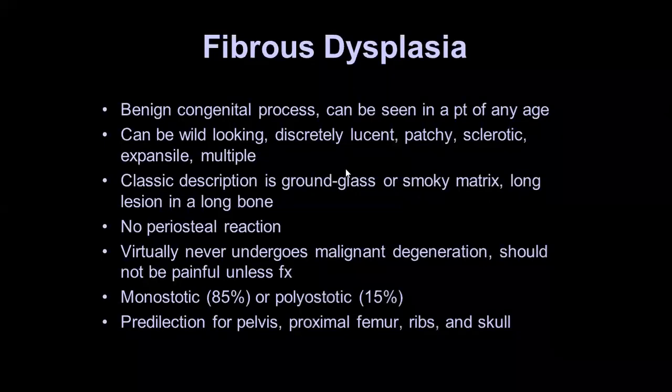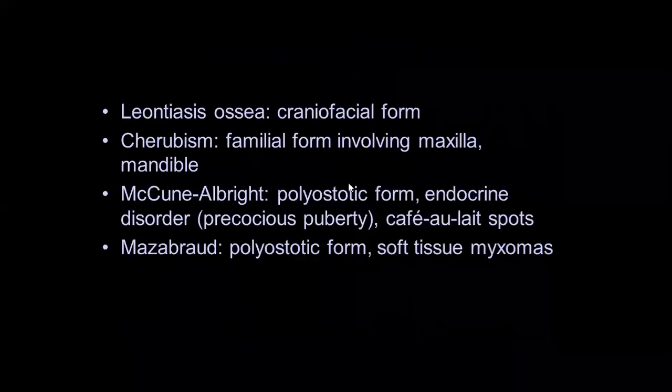So fibrous dysplasia, one of the giant titles in MSK and everything. And this is the craniofacial form when it involves the maxilla and mandible, cherubism, McCune-Albright, and Mazabraud with multiple myxomas. So take care when you find skin changes, McCune-Albright, and maybe precocious puberty in the clinical form.